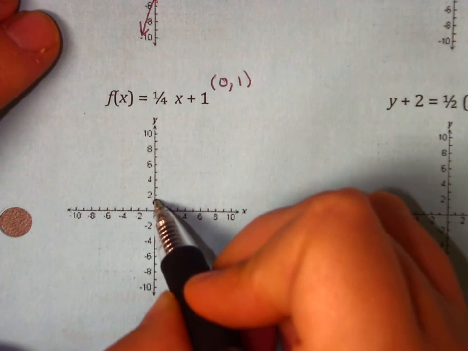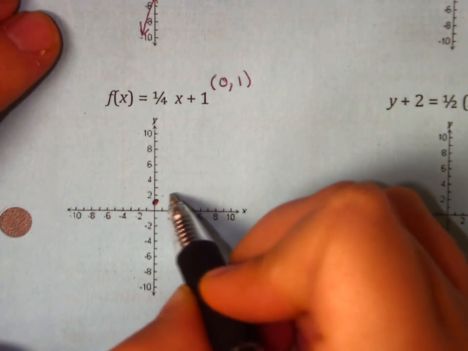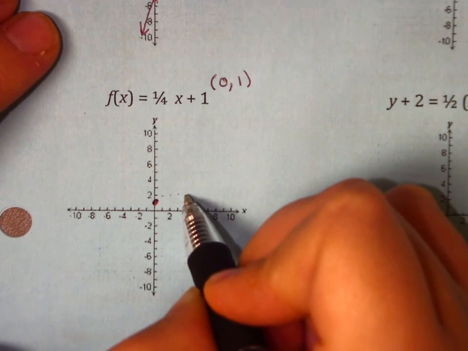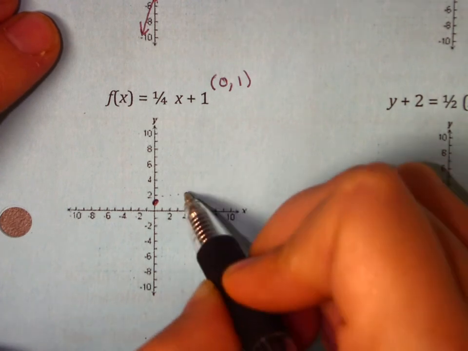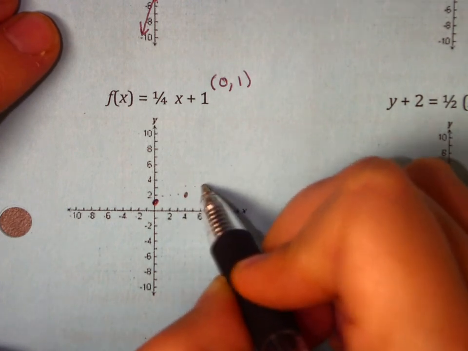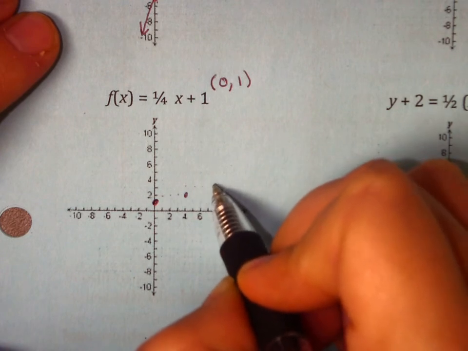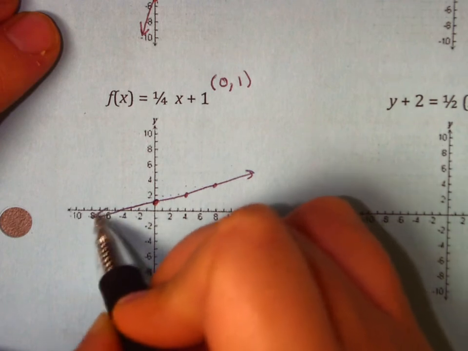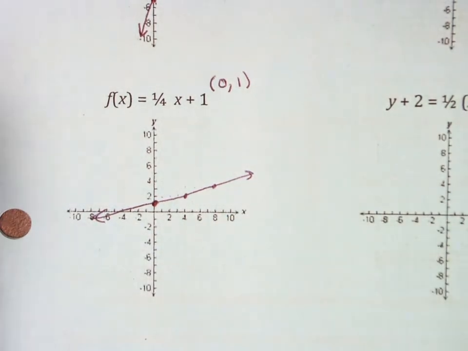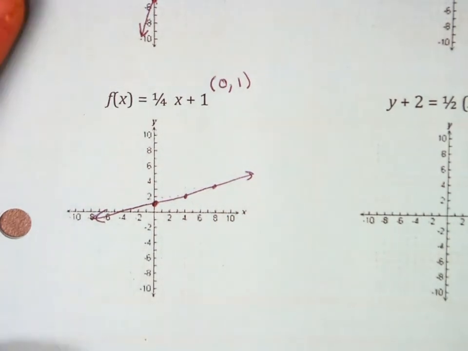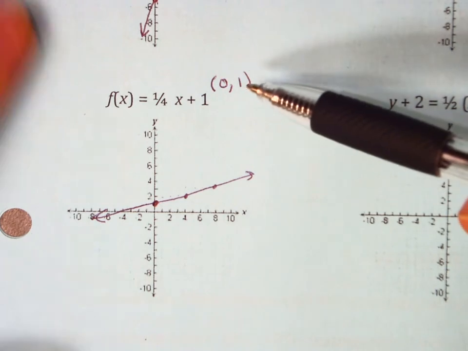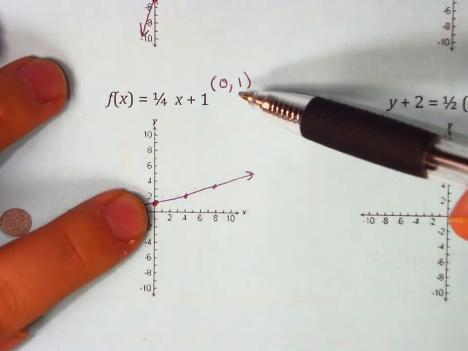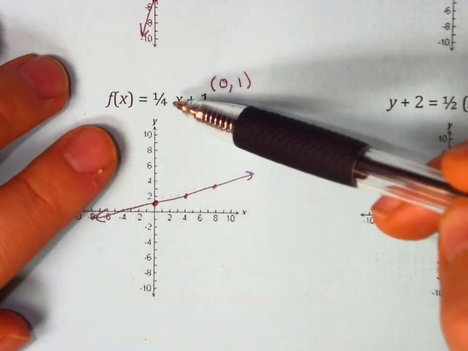So I'm going to go from my starting place up 1 over 4, and then up 1 over 4 again. And so that's my line. So to graph a line in slope-intercept form, your y-intercept is the starting place on the y-axis, and then you just go where the slope tells you to go.